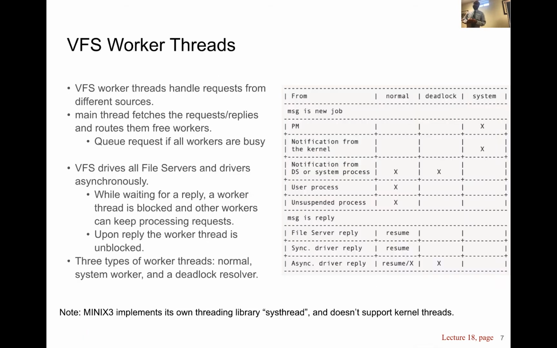Okay. So with that control flow background, let's talk about some more details of how the VFS process is implemented. Now, one of the things that is true of the VFS process, which we have not encountered so far, is that it implements threading.